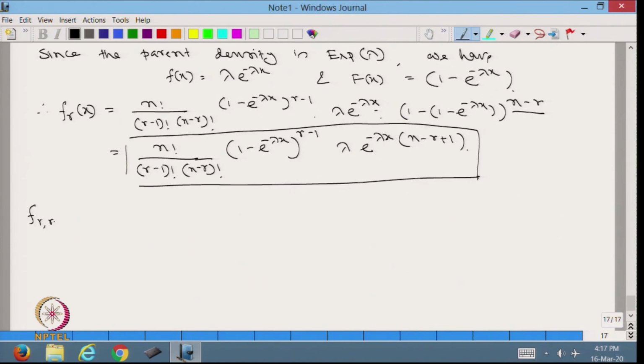What is f_{r,r+1}, the joint density at x, y?